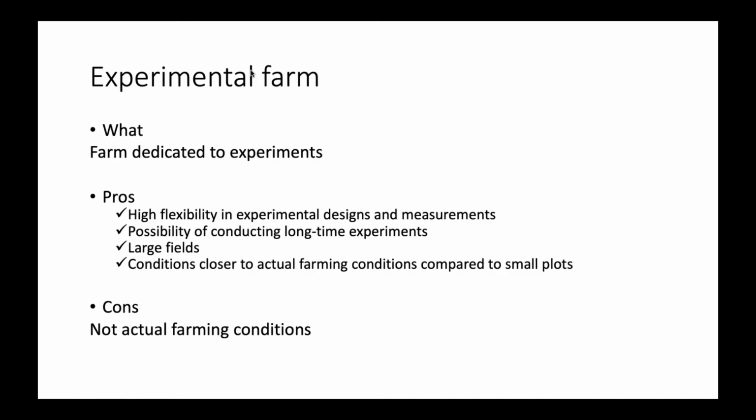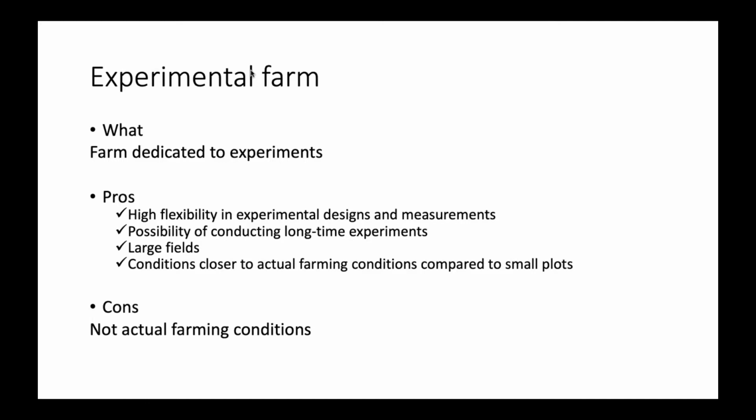And the data collected in experimental farms show several advantages, like high flexibility in the experimental designs and measurements. In particular, you can do long-term experiments in this kind of farm. You can also very well define the controls, have a lot of replicates and so on. You can also have sometimes large experimental fields.